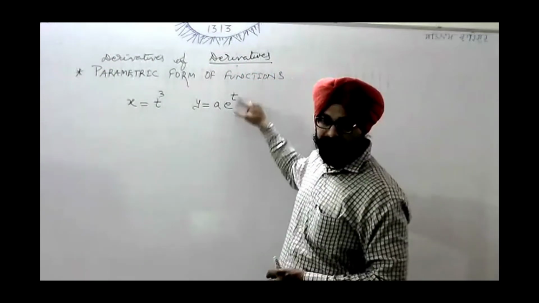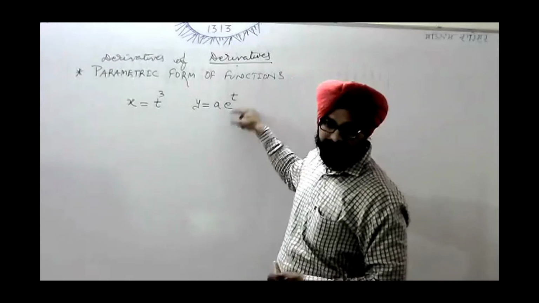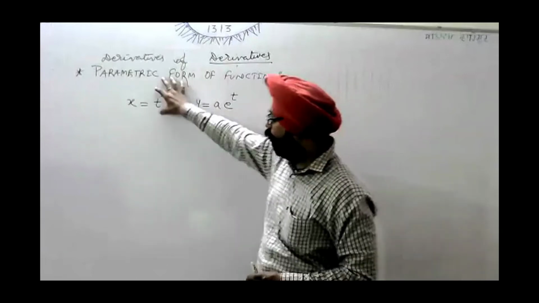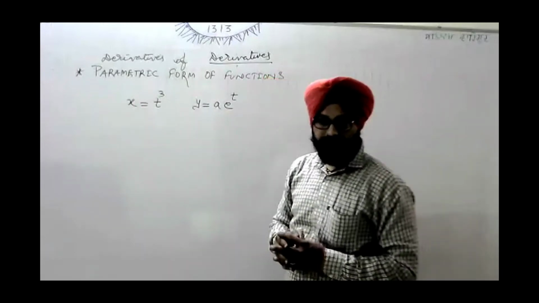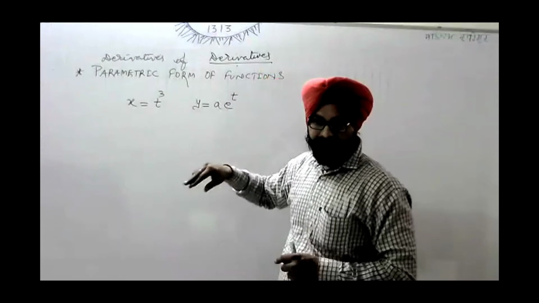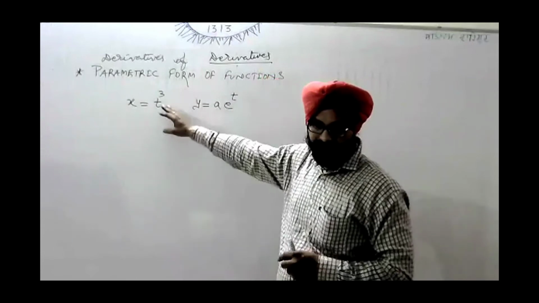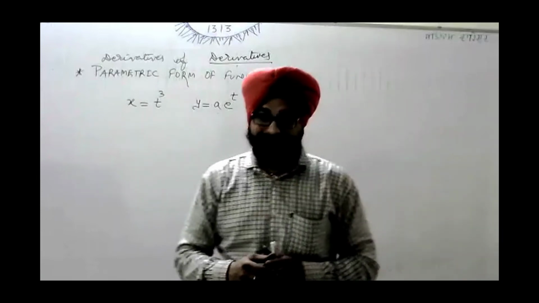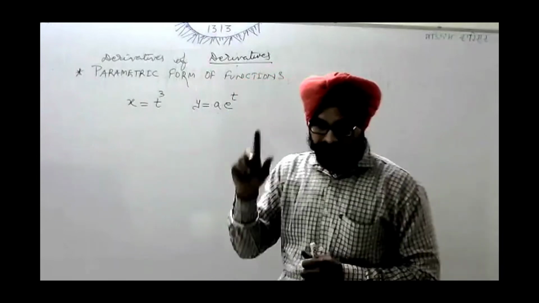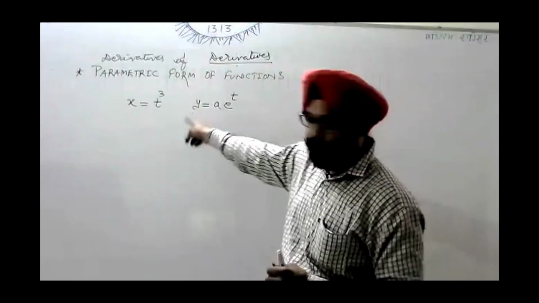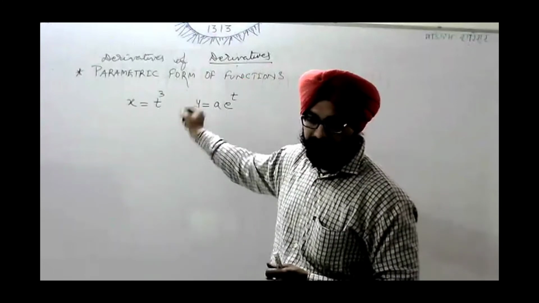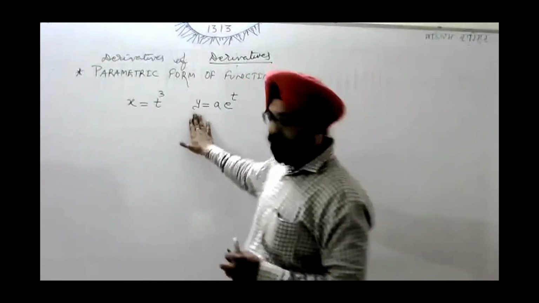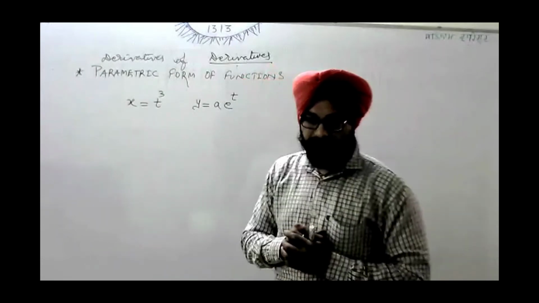Here also we have e raised to the power t. So this is a function whose input is given as t. But this whole value is of y, and this whole value is of x. X and y can be related with the help of these relations. But not every time will that be very easy or convenient. That's why we should learn how to differentiate this type of function directly without relating x and y.